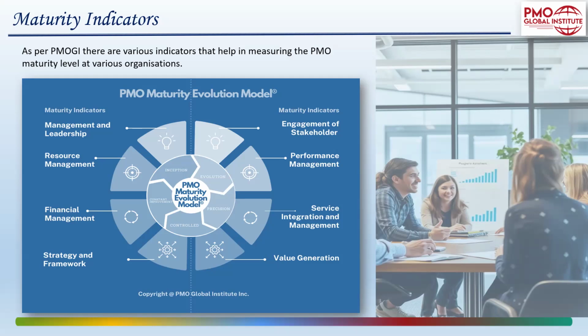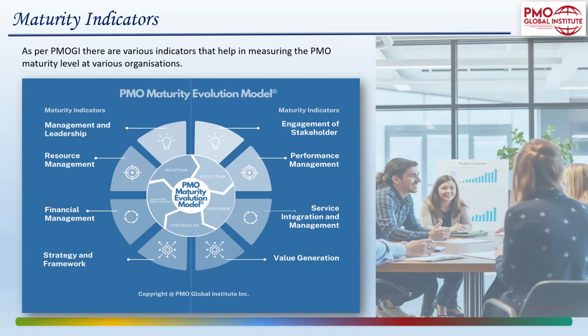Another indicator could be performance management. Let's say an organization has a PMO, and the performance of the project team has been average. Do they have any process or mechanism in place which will help the professionals, the project team, enhance their performance or not?